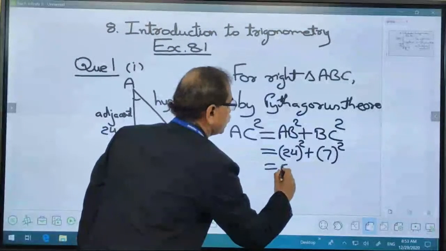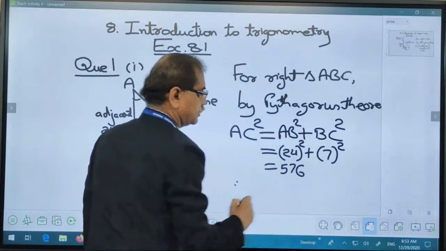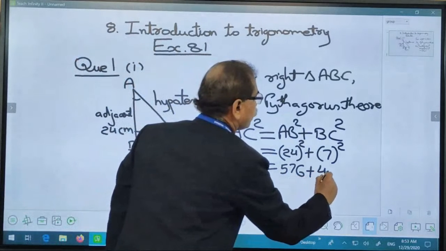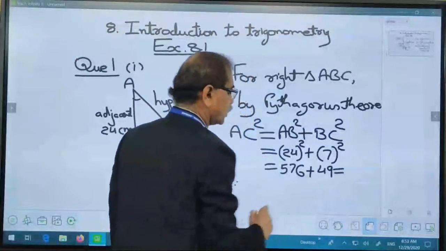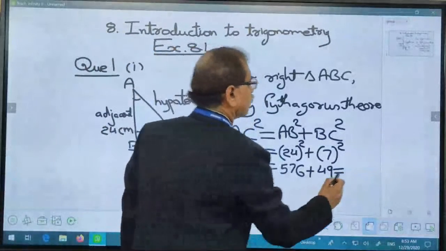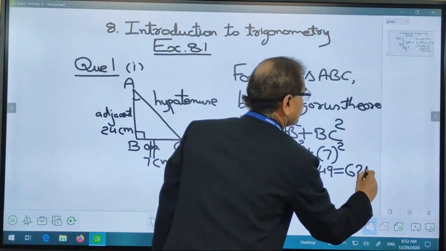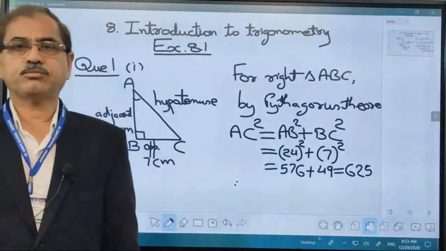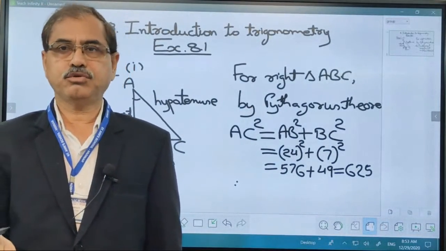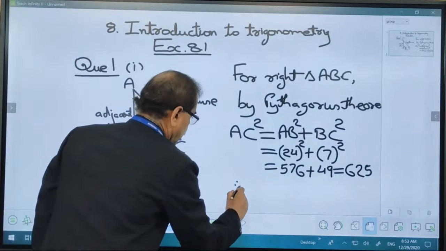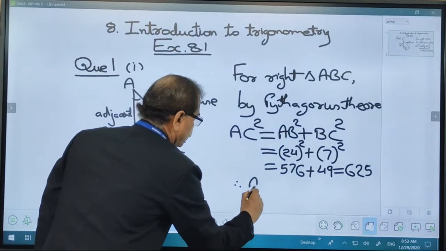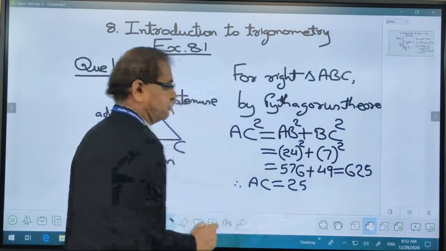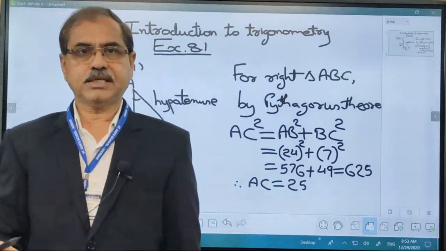It is 576, and the square of 7 is 49. Its total we will do, very common, 625. So AC square is 625, and most of you know 625 is the square of which number? So directly we will be able to write, therefore AC is equal to 25.